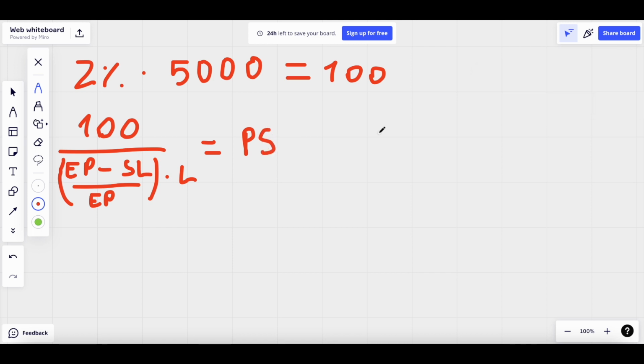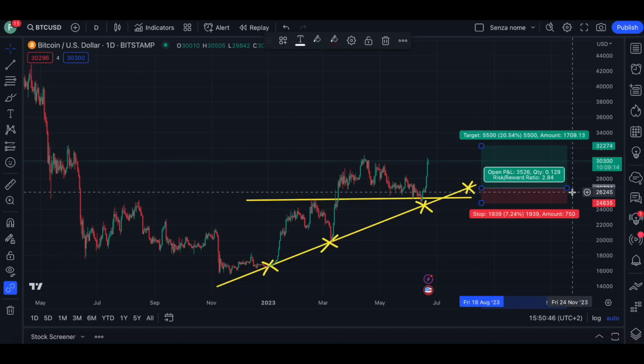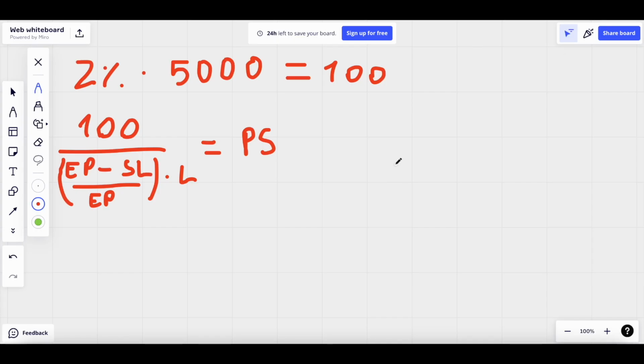Let's now apply this equation to our example trade. And so our entry price would be at 26,774 US dollars.